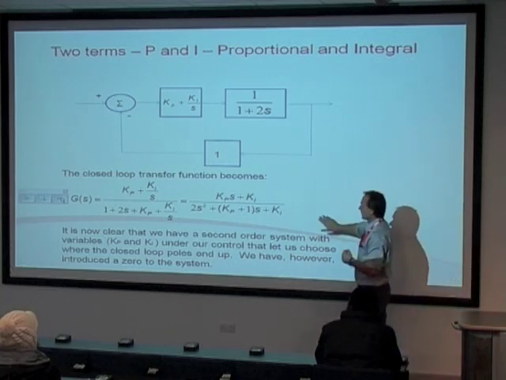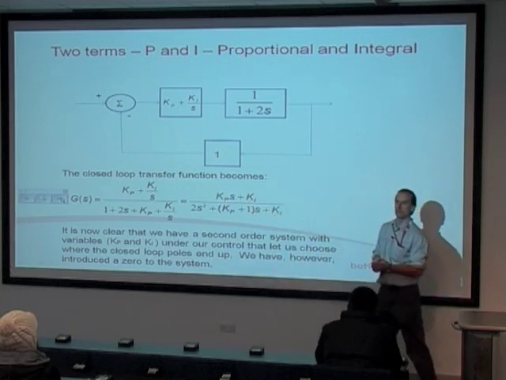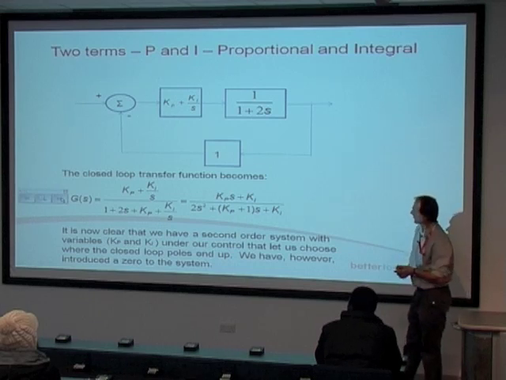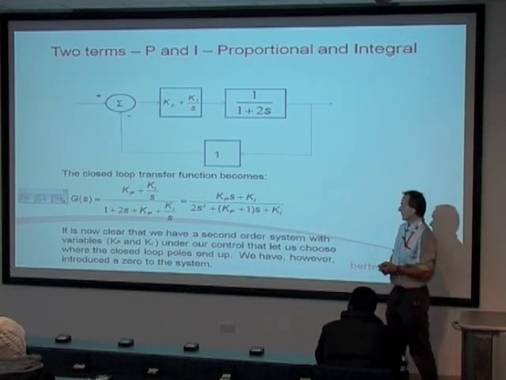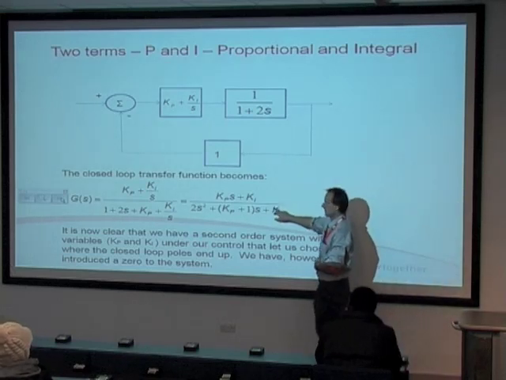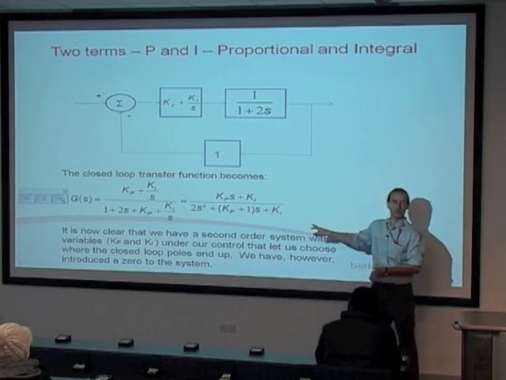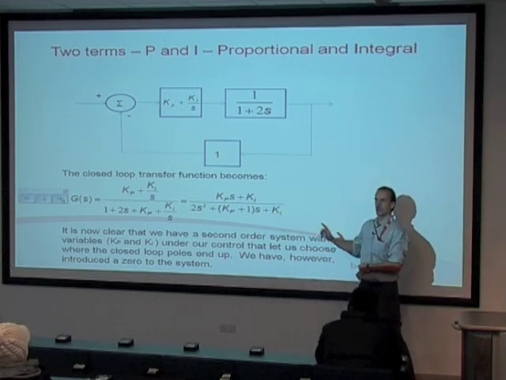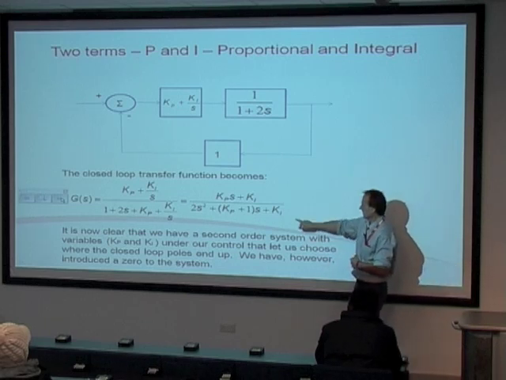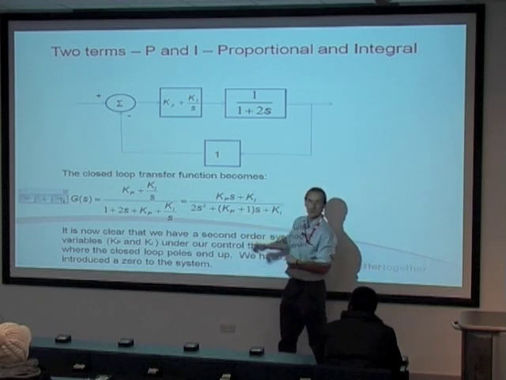My closed loop transfer function becomes this. It's come out second order because of the integrator term. But if you look at the denominator particularly, I've got a second order dynamic down here where I've got control over 2 variables. I can change Ki, and I can also change Kp.